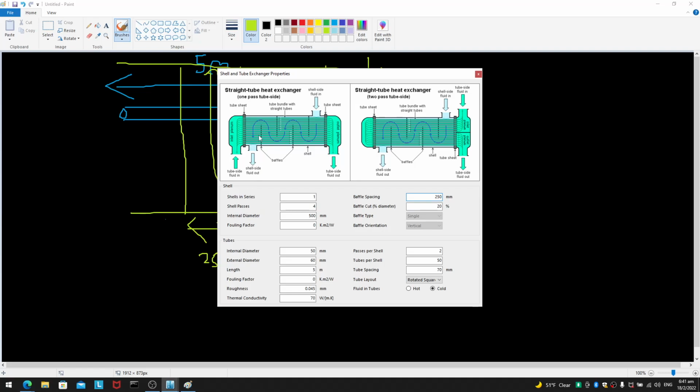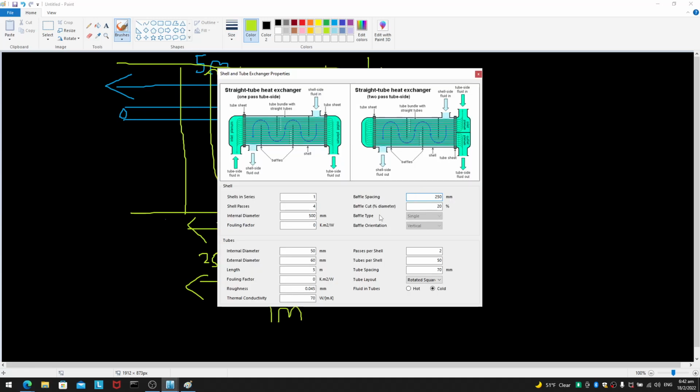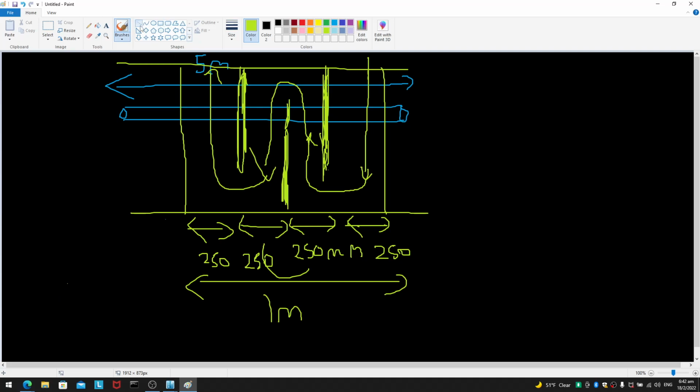And the thing is that the total length of the exchange area is like 1 meter, whereas the tubes are 5 meters long. So depending how you set up your shell and tube heat exchanger, you might not be getting fluid flow through or very efficient contact through the whole thing.